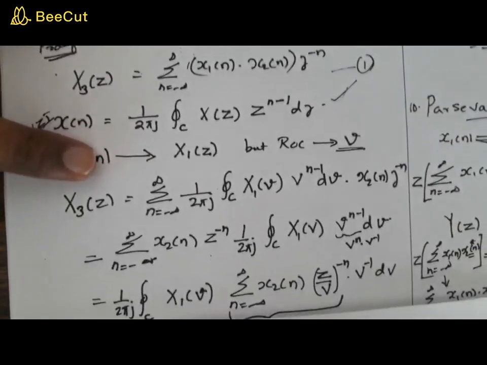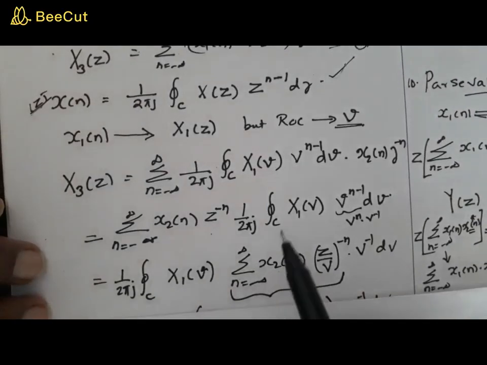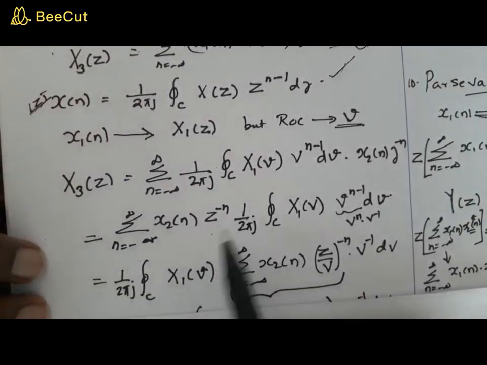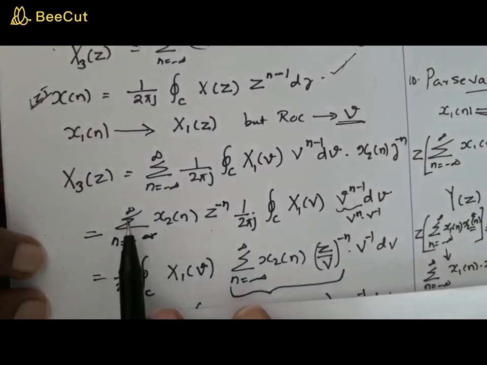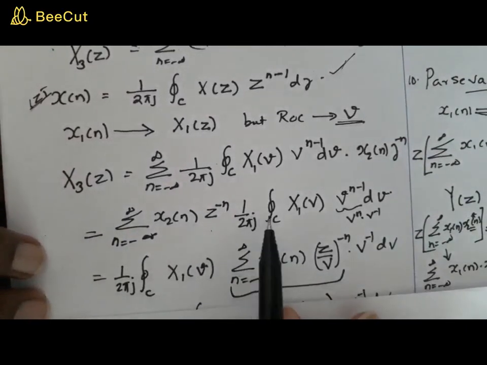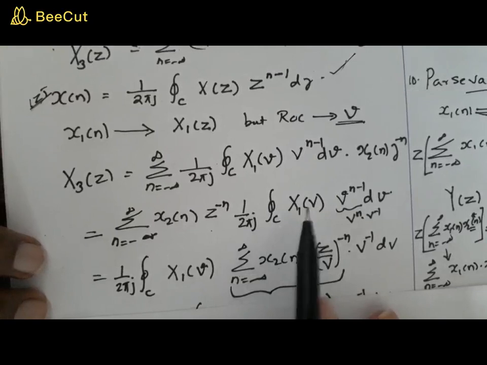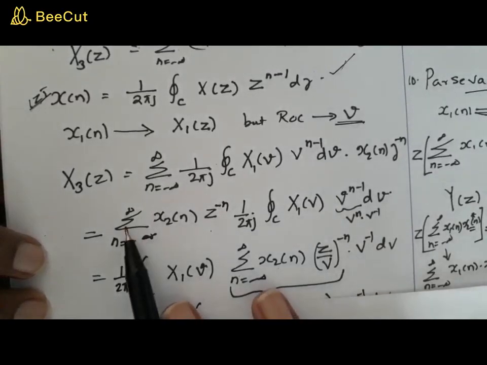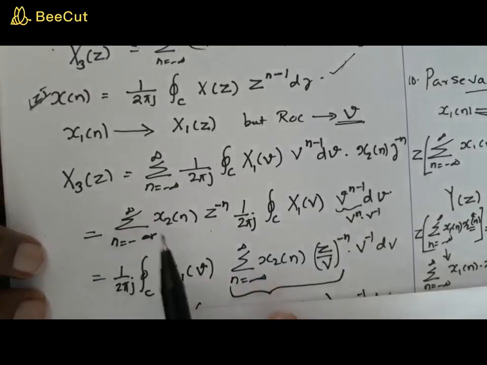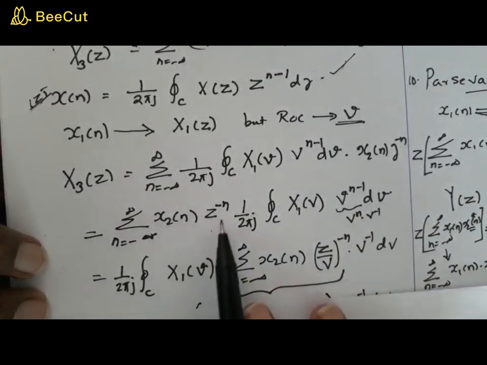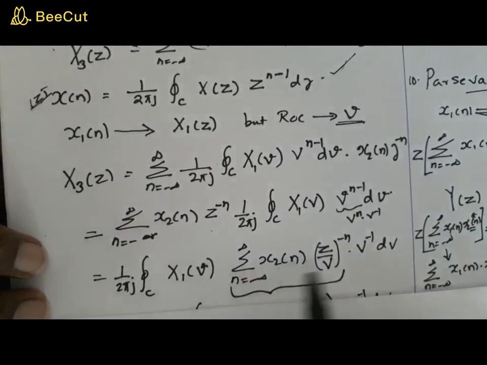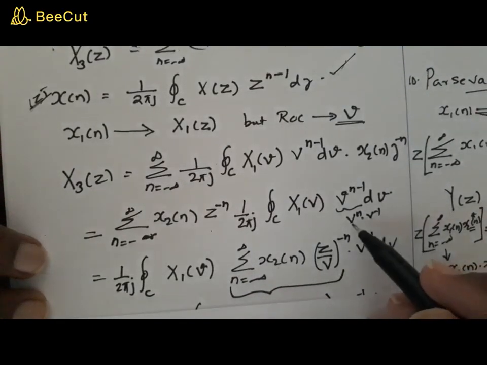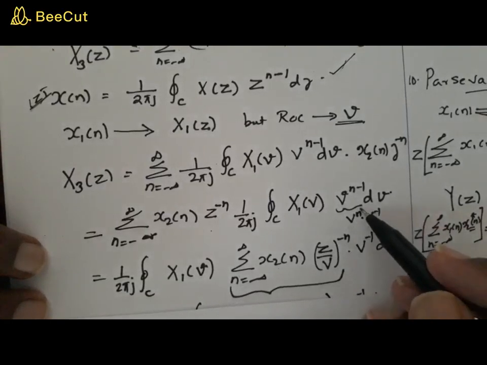Now in the next step, you change the order of integration and summation. You can bring this summation inside. So 1 by 2 pi j contour integral of x1 of v, bringing this sigma n equal to minus infinity of x2 of n z raised to minus n inside. When it comes inside, it will be multiplied by this v raised to n.